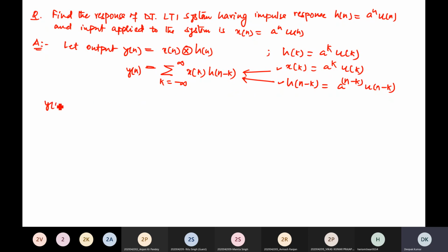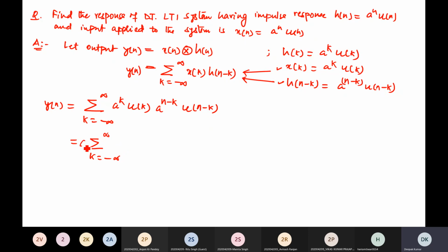What will become y of n? It will be summation k is equal to from minus infinity to plus infinity a to the power k u of k, a to the power n minus k u of n minus k. So now you can rearrange all these terms. It will become summation from minus infinity to plus infinity a to the power n, and a to the power plus k minus k will cancel out.